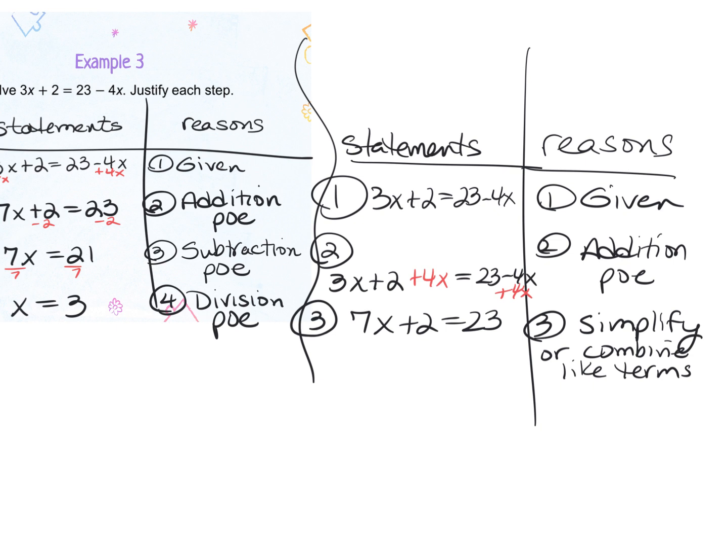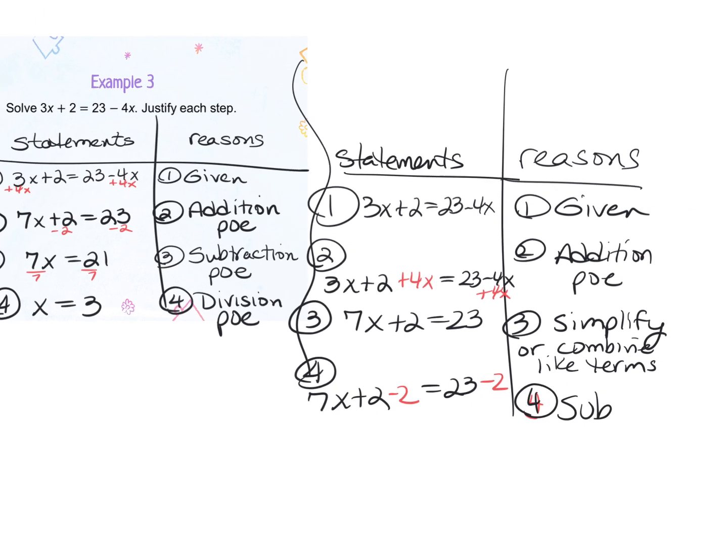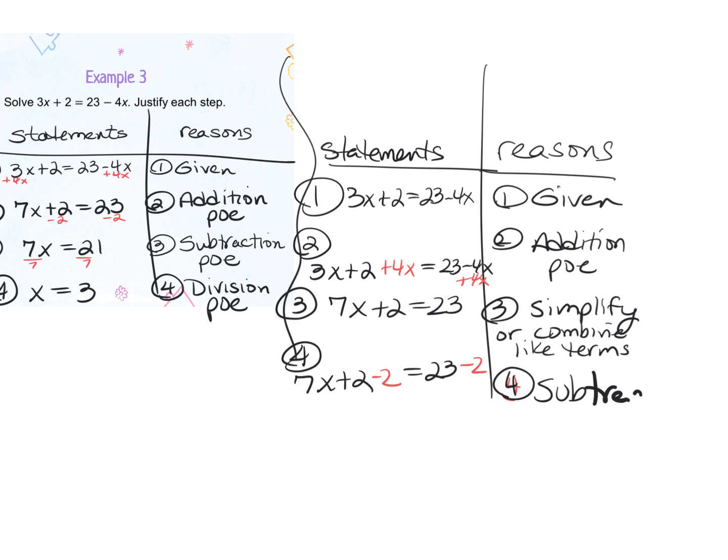Now, in step 4, instead of showing the minus 2 underneath, I put it in the problem. So 7x plus 2, and then I show minus 2, and then 23 minus 2, and I'm putting it in as a step. So again, subtraction property of equality.